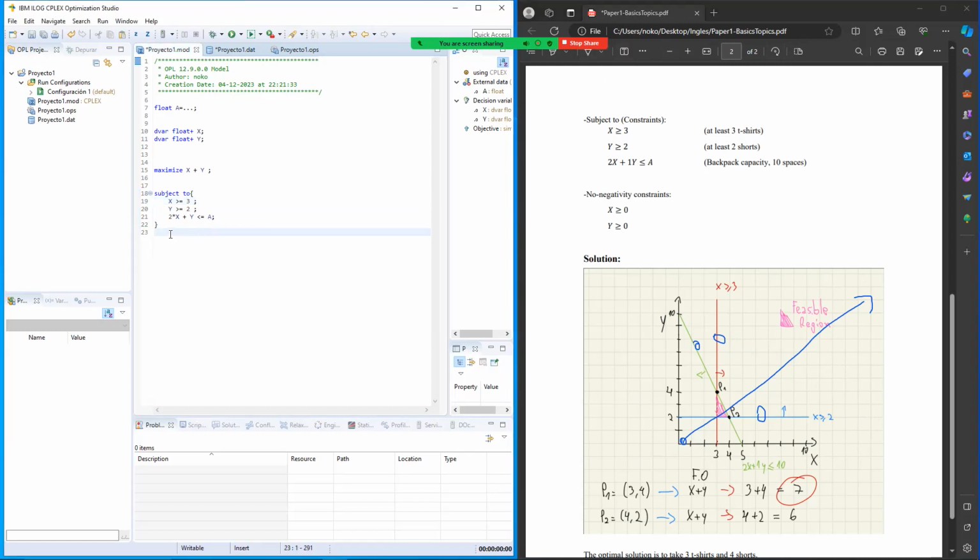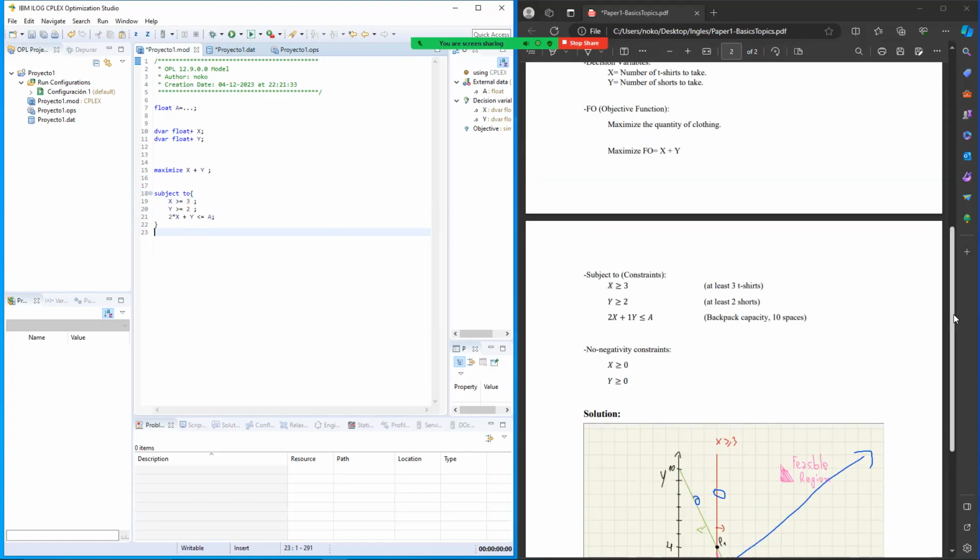Okay. Finally, we write the constraints. This, like that, like that, like that, and here. Okay. Now we have finished the model, and we have to get a solution.